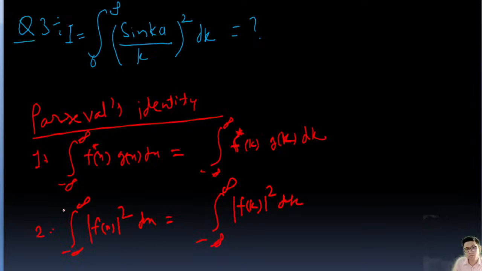These two properties are very important, and they are called Parseval's identities. So the integral of mod square of f(x) dx equals the integral of mod square of f(k) dk.